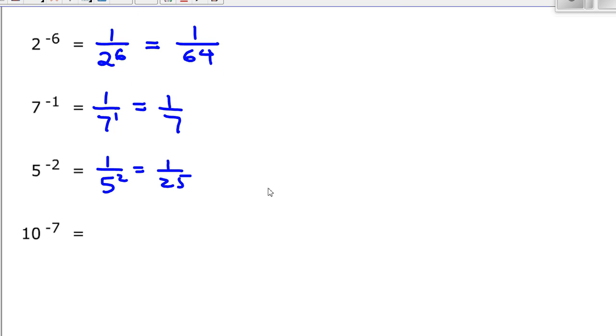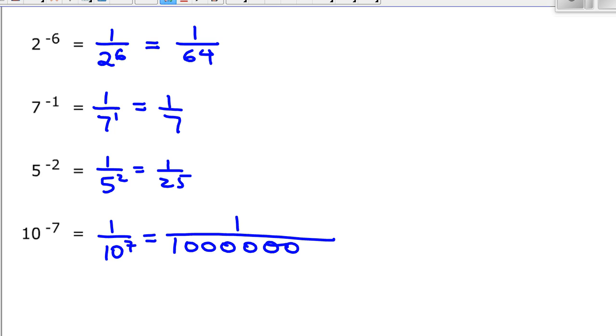This will be 1 over 10 to the power 7. So you'll end up with a long answer here. These are zeros. Let me write that properly. So 1 over 1 followed by 7 zeros. Good.